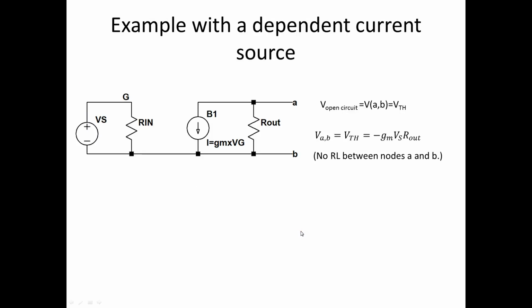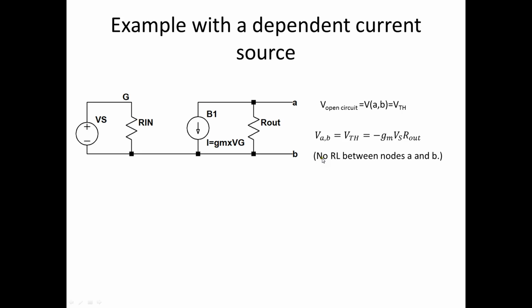Now let's do a little more tricky example. Let's find R Thevenin and V Thevenin with a dependent current source. As we've seen before, this is a simplified transistor model. I want the open circuit voltage between A and B, and that's going to be V Thevenin.